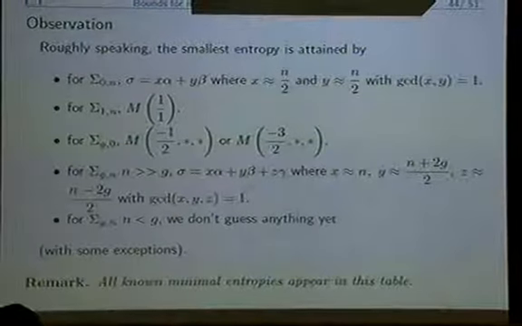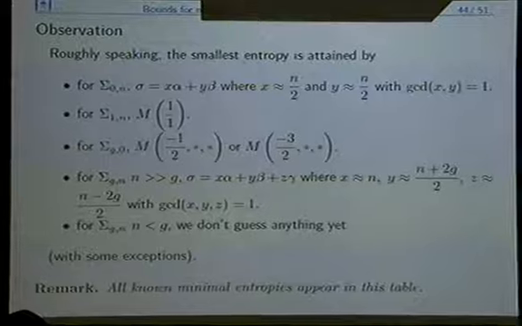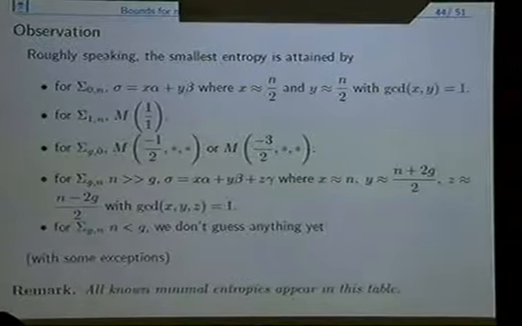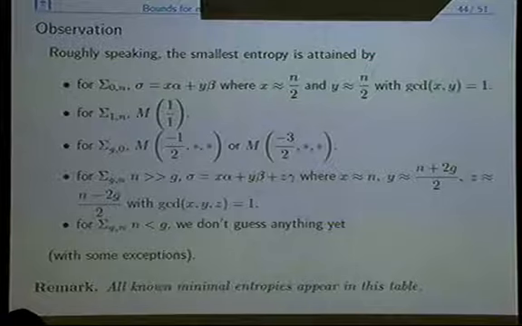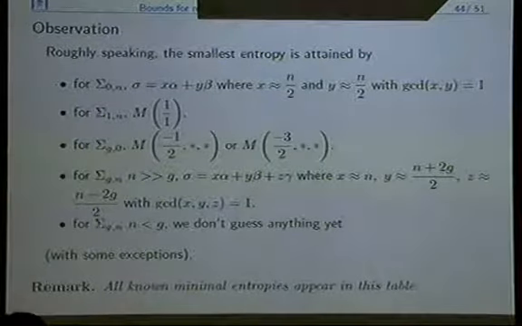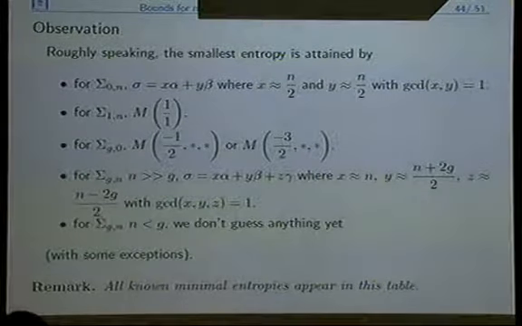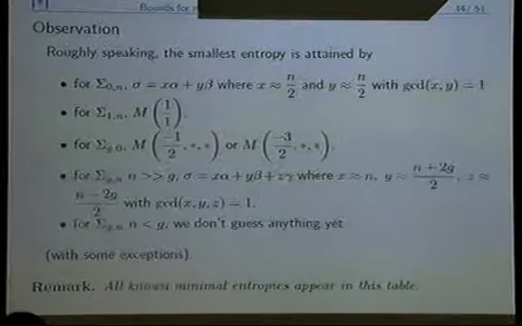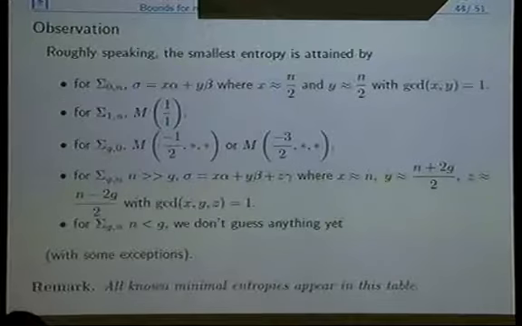For example, for this punctured sphere case, punctured torus case, and closed surface case, we have some observations. And the other observation is for genus smaller than the number of punctures. Maybe I can finish here, but we have some theorems to justify this observation.